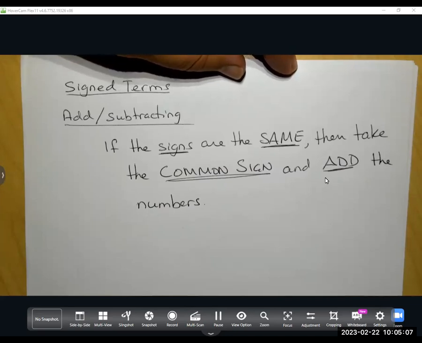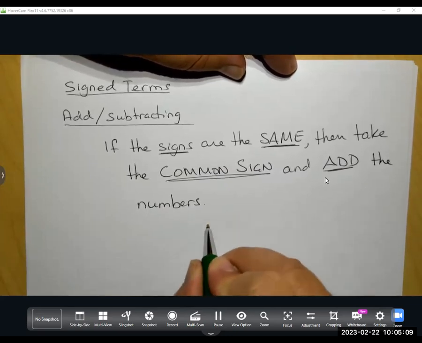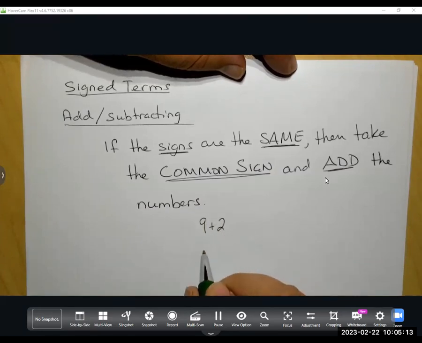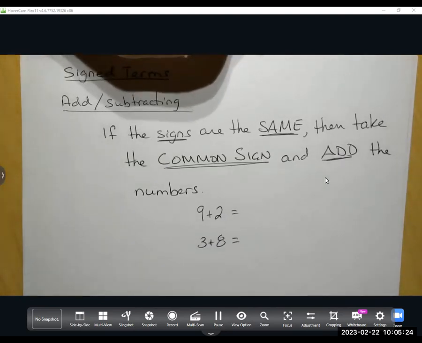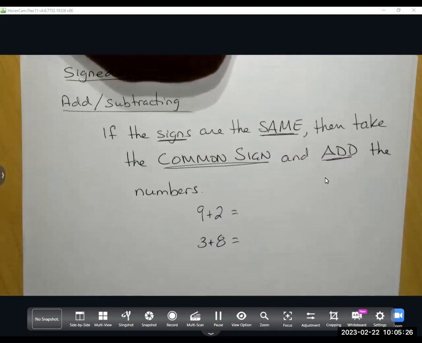The examples of these. Remember, always do your signs and your numbers separately.